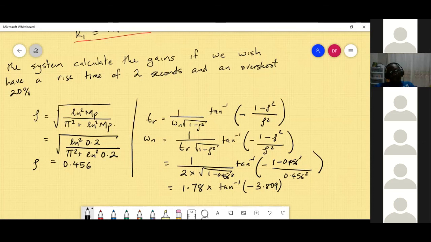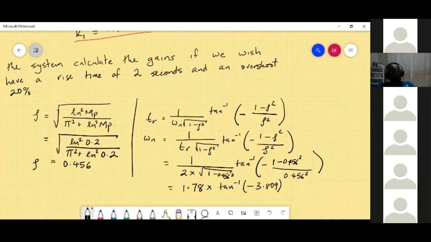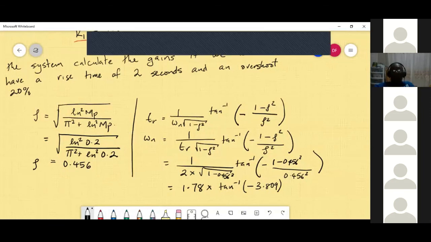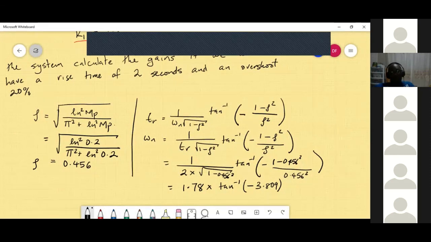Then we have to find, now, when we convert to radian mode, all right, so we're going to take the tan inverse in radian mode. What do you get as your answer?